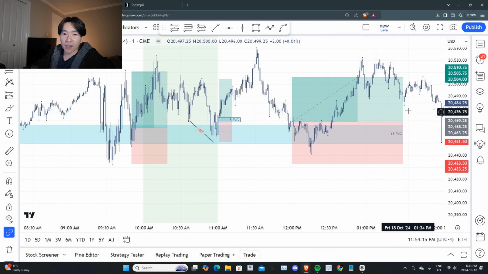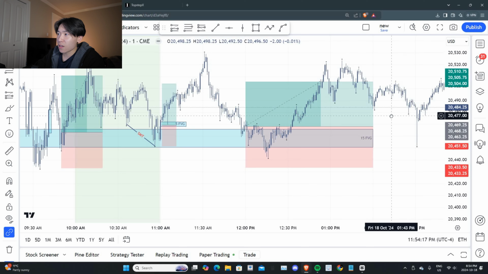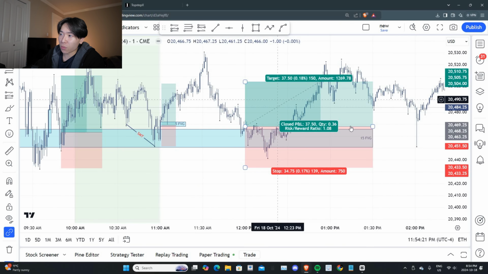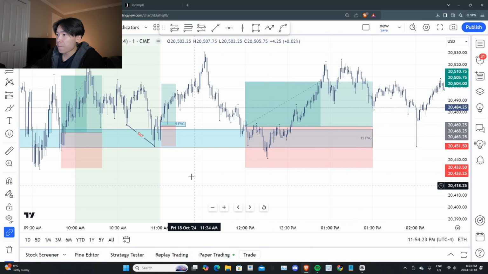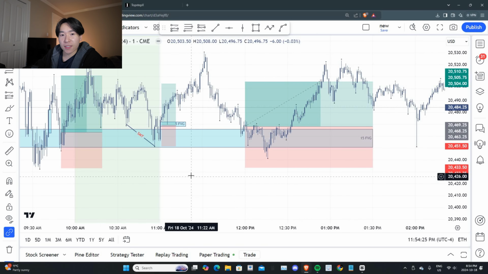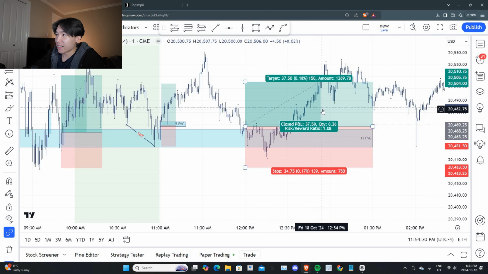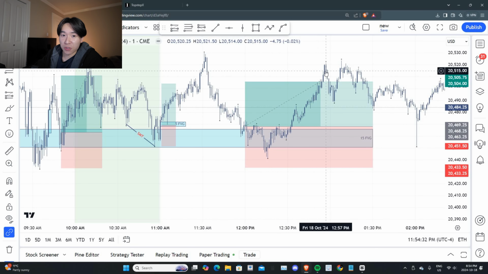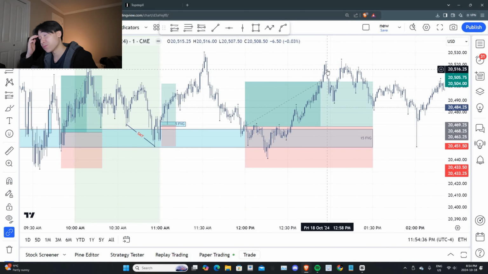So this trade was literally a 1-to-1, or a little bit higher than 1-to-1, which makes sense. But I was surprised that I didn't actually get stopped out. I was still in the trade and price went up to my take profit. So that was definitely a pleasant surprise.